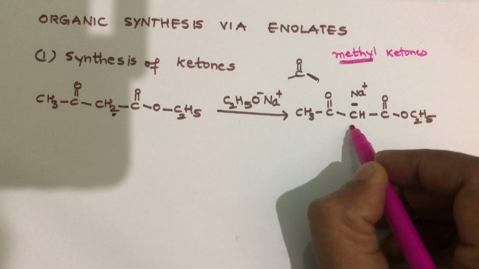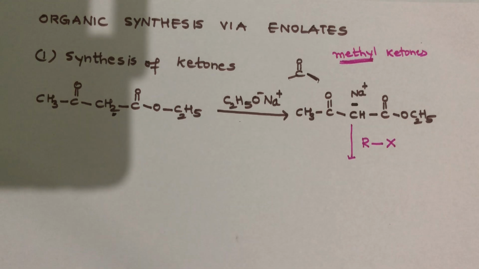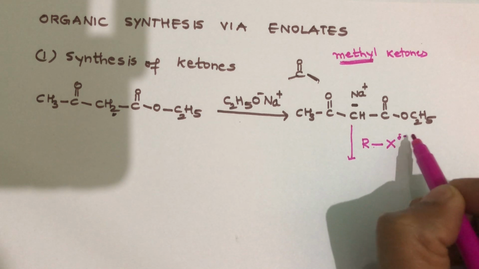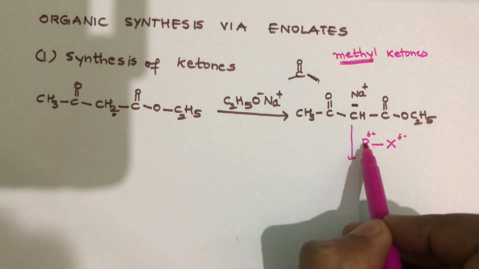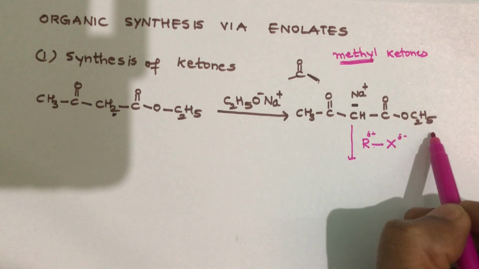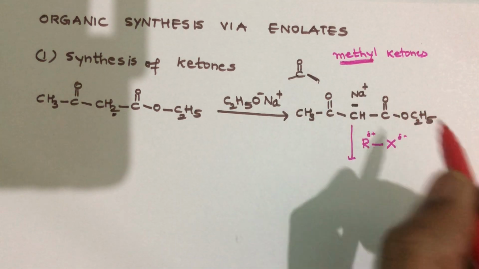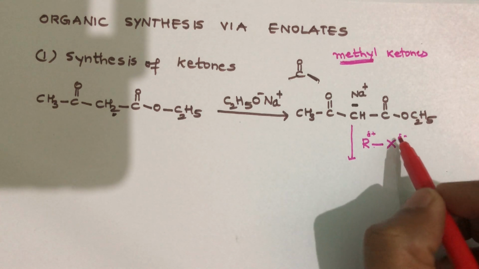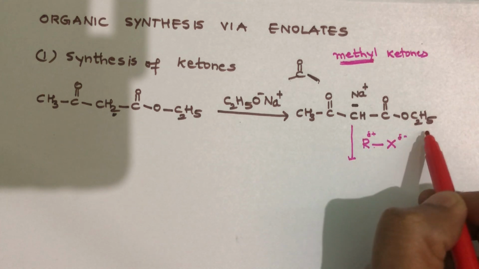So what I will do is, this is treated with an alkyl halide, RX. You know that an alkyl halide is a polar molecule where the halogen is electronegative, so the halogen part has a slight negative charge and the carbon has a slight positive charge. So this negative charge attacks this, and this halogen atom X gets expelled.